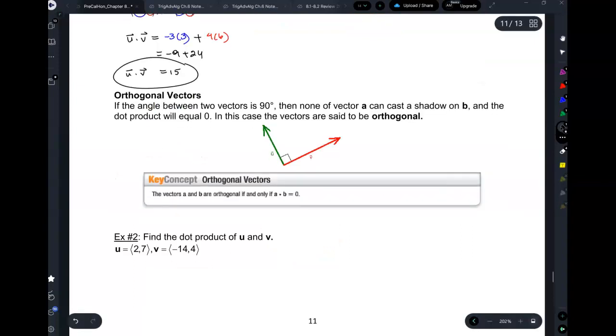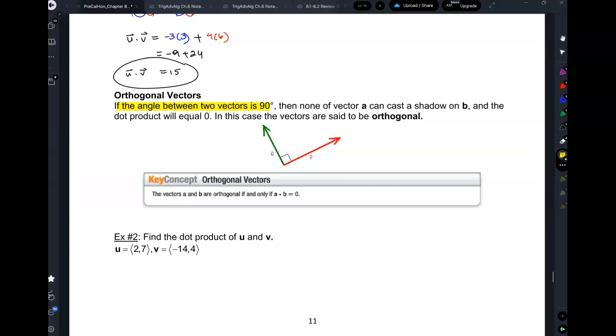Now, orthogonal vectors. Orthogonal vectors are vectors where the angle between them is 90 degrees, right? So if you go to the orthodontist, what does the orthodontist do to your teeth? Straighten them, right? And if you go to an orthopedist, they will straighten your bones.